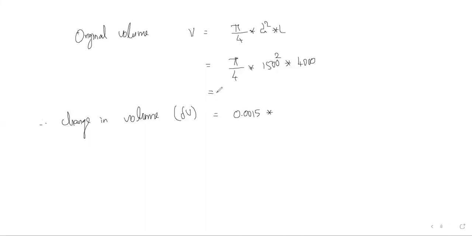So here original volume value is pi by 4 into 1500 square multiplied with 4000. So it becomes 7.068 into 10 to the power 9 mm cube.